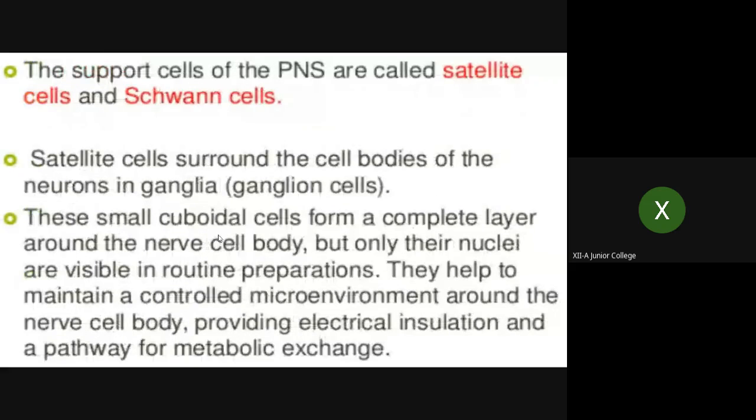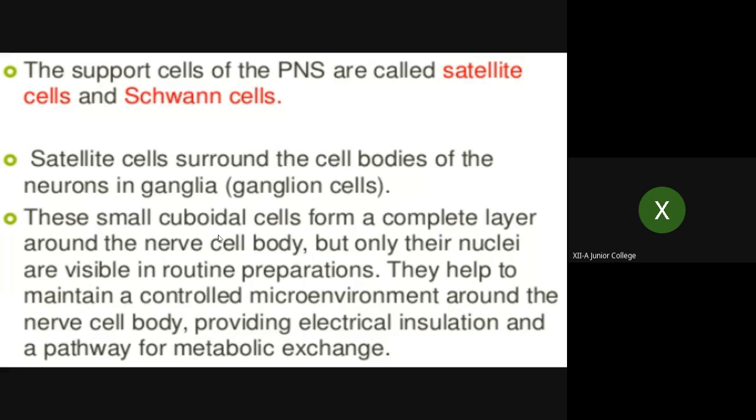Now, one more type of cell, the support cells of the PNS, called satellite cells and Schwann cells. Satellite cells surround the cell bodies, meaning cyton, of the neurons in ganglia. When we study the peripheral nervous system in detail, we'll come to know.